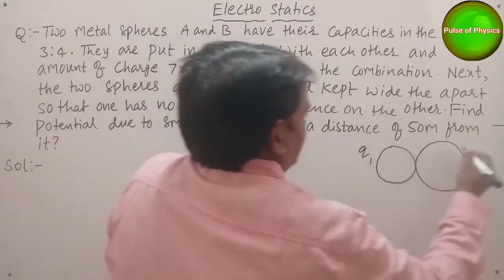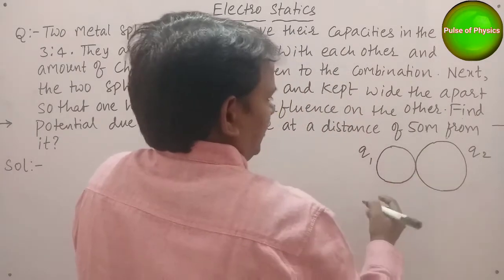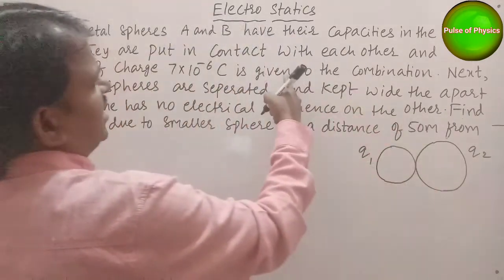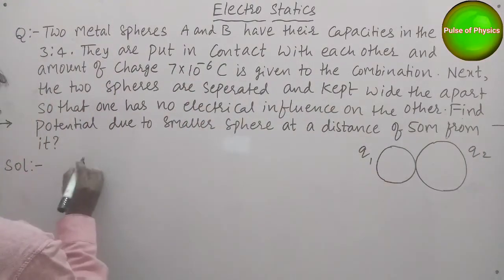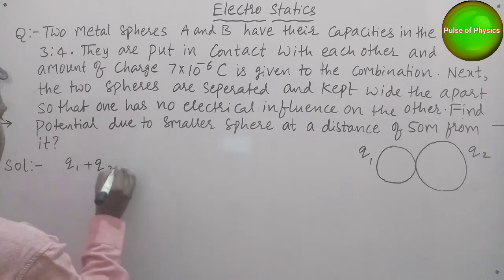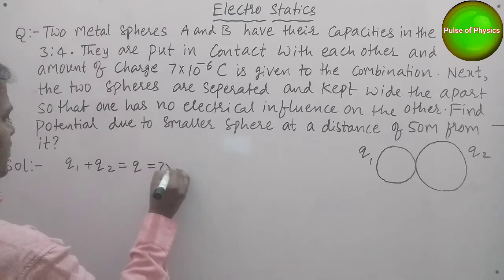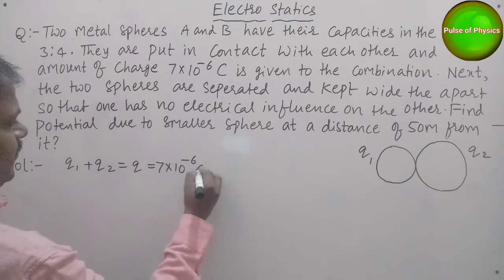Q1 is the charge present on this, Q2 is the charge present on this. Both are in contact. In this case, the total charge given is 7 × 10^-6 coulomb. Therefore, Q1 + Q2, that is Q, is equal to 7 × 10^-6 coulomb.